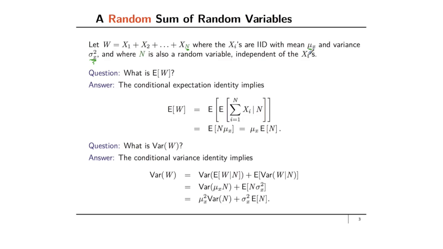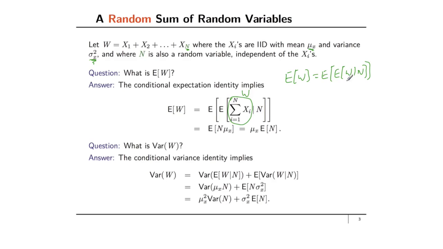Well, I can compute the expected value of w using the conditional expectation identity. In particular, the expected value of w is equal to the expected value of the expected value of w given n.